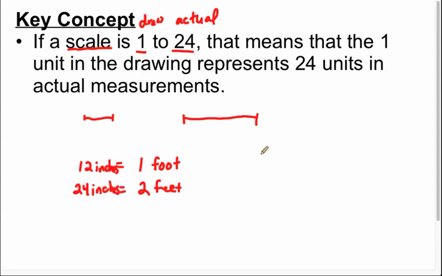So if, for example, I were to write down a scale of 1 to 24, and I drew an inch, this is 1 inch right here, this length right here would represent 24 inches in real life.